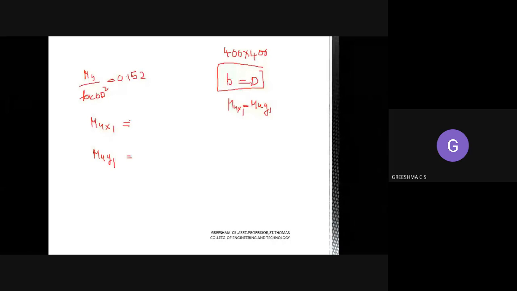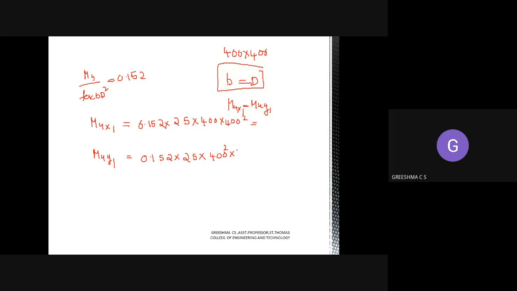First we will find out the moment capacity along the x direction. That is 0.152 into FCK, which is 25, into 400 square into 400. Anyway, the moment capacity along both directions will be the same.